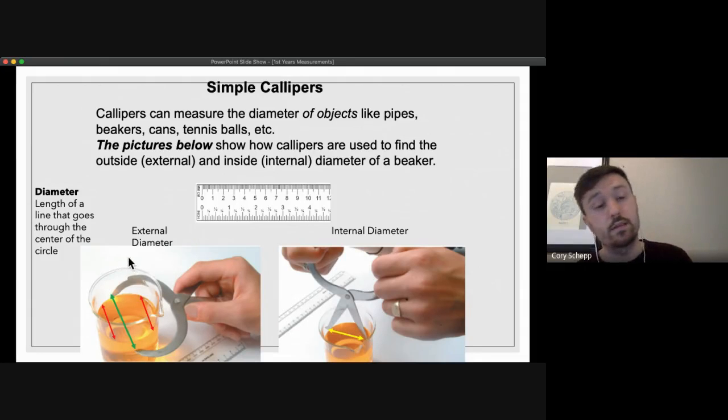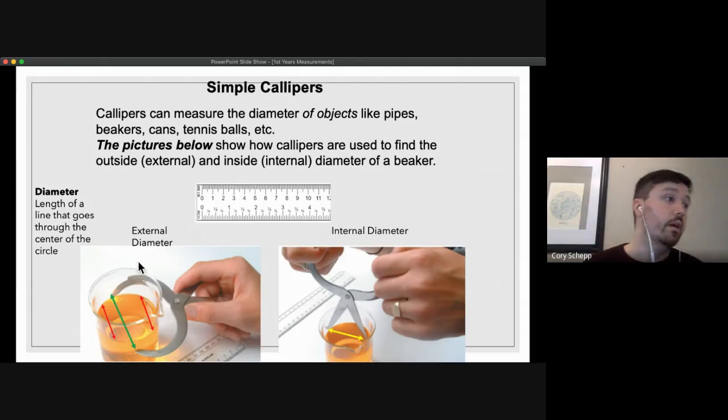You might already know that from maths, but if not, now you know. What calipers do, both simple and the next one I'll talk about, is they measure the diameter. You can either measure the external diameter, which is how far the outside is to the other outside, or the internal diameter, the inside to the other part of the inside.